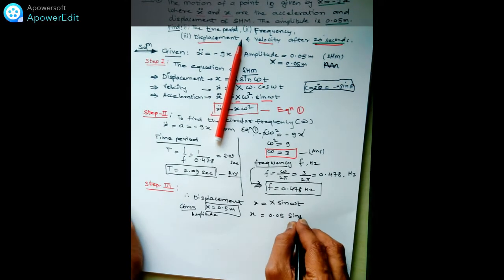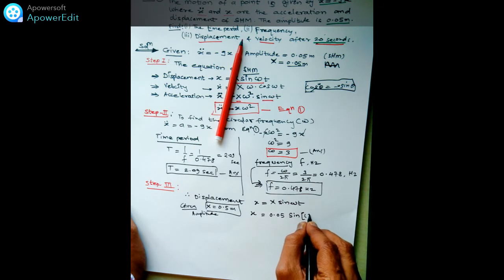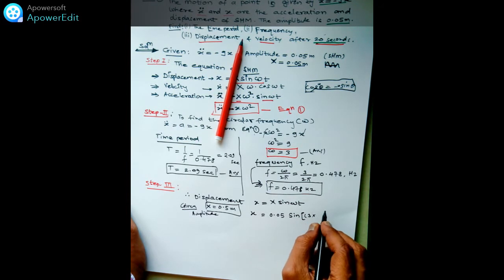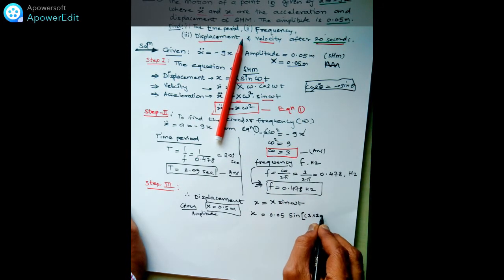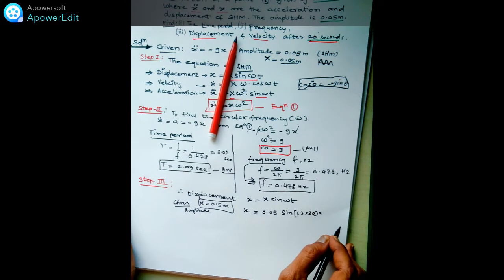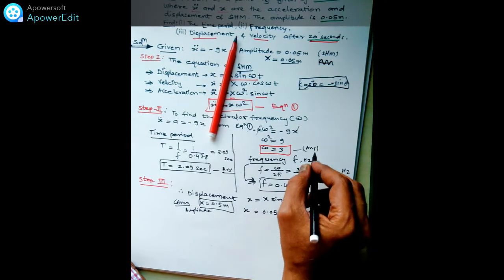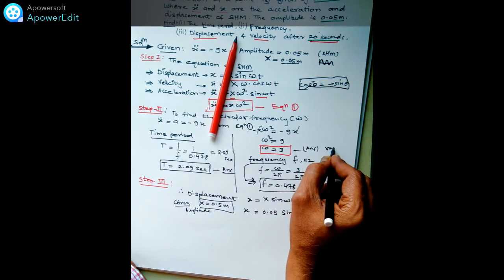What is the value of omega? We will write here, omega is 3 into t, and t is 20 seconds, meaning we have to find it after 20 seconds. So it is written 3 into 20, and omega is in radian per second.